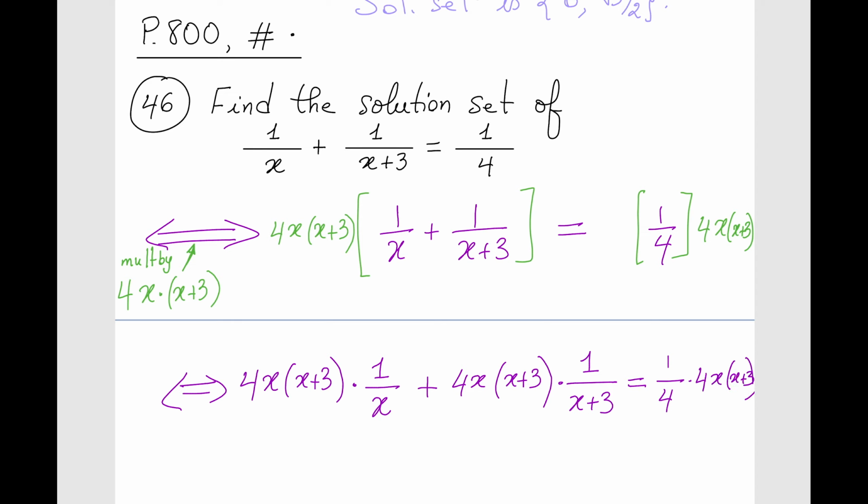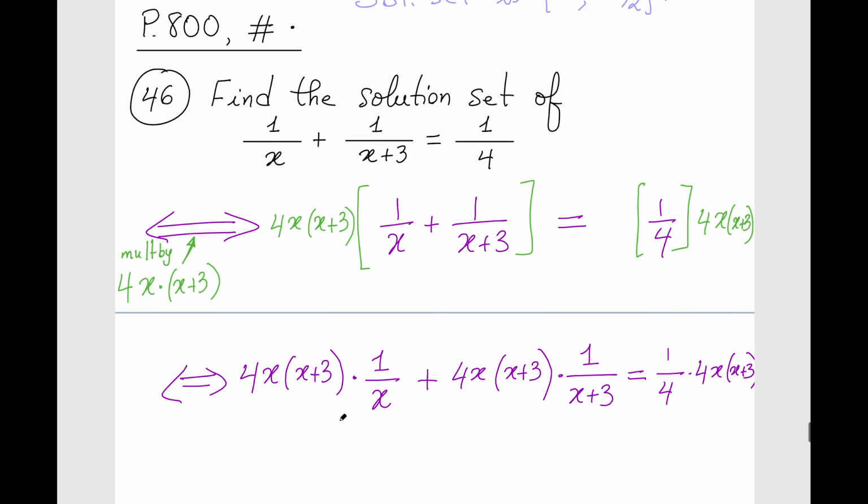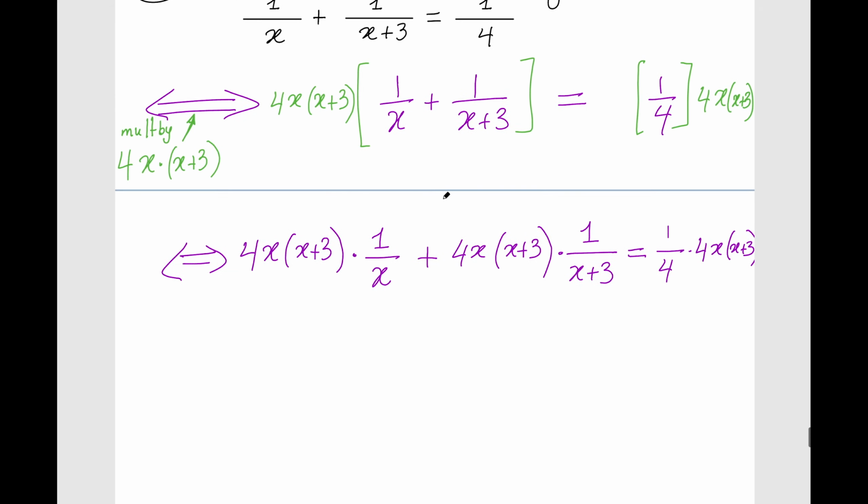And now, why did we introduce this green factor, the 4x times x plus 3? Because we wanted to clean up the denominators. All right, let's do so before we do anything else. So the 4 times x, this is a multiplication, times x plus 3 times 1 over x.